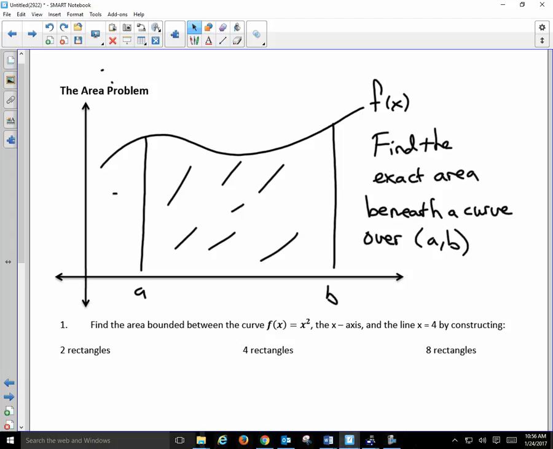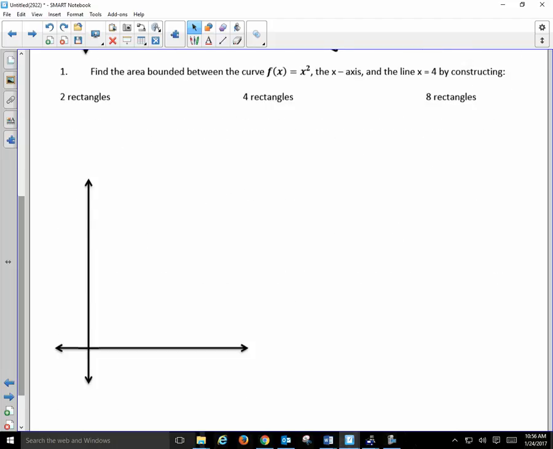In fact, your calculator came up with an estimation. We want an exact value. And that's hard to do. But we're going to teach you how to do it, using an infinite number of rectangles. The area bounded between A and B underneath that curve is the exact area we want to find. So let's start basic.